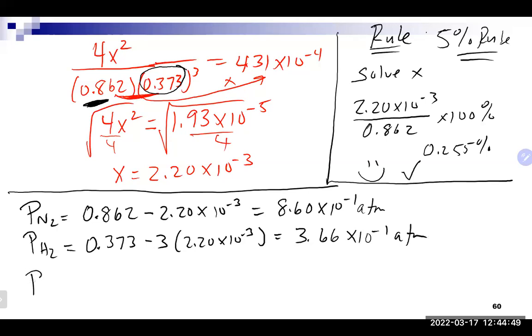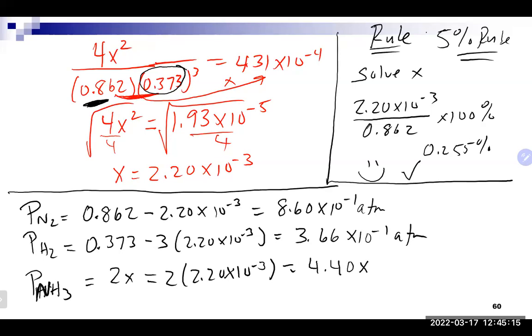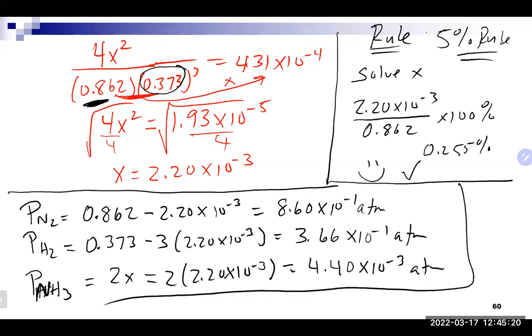And lastly, the partial pressure of our NH3 should just be 2x, I believe. So it is just 2x, which would be 2 times 2.2 times 10 to the minus 3. Going to get us 4.4 times 10 to the minus 3 atmospheres here.